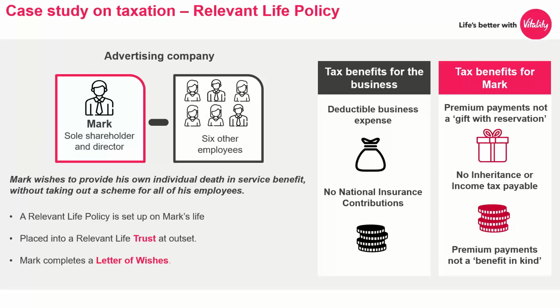Whoever he's appointed as his trustees, make sure they have a letter of wishes so that the trustees know who that money is to go to. And you can see the benefits to the business. It's going to be a deductible business expense, with no national insurance contributions, which, because Mark's the owner of the business, is desirable to himself.